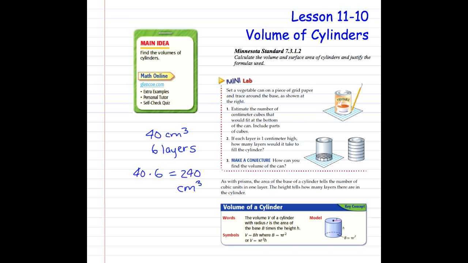As with prisms, the area of the base of a cylinder tells the number of cubic units in one layer. The height tells how many layers there are in the cylinder. Therefore, the volume V of a cylinder with the radius r is the area of the base, big B, times the height.